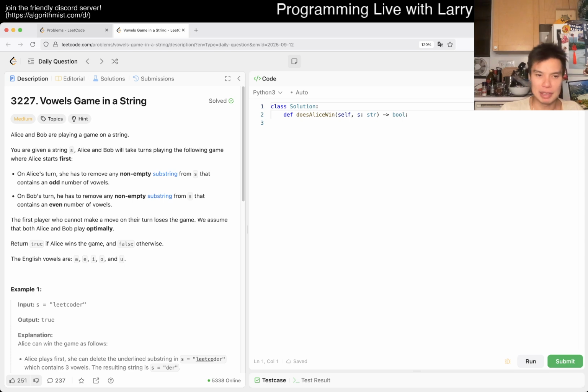If it has an even number of vowels, then after Alice's turn it has an odd number of vowels, right? That means that whatever Bob does, there will still be an odd number of vowels left, and then Alice can go and win, right?